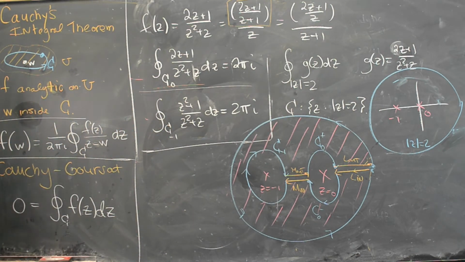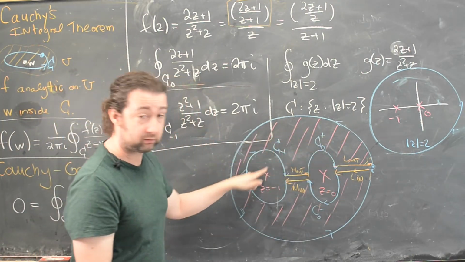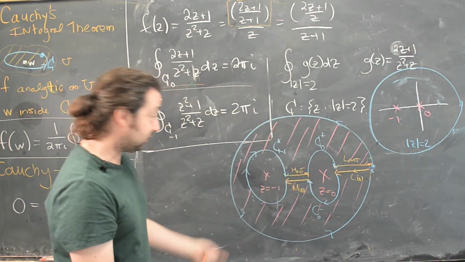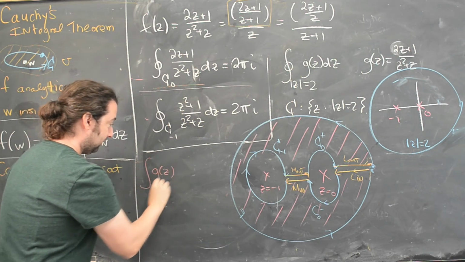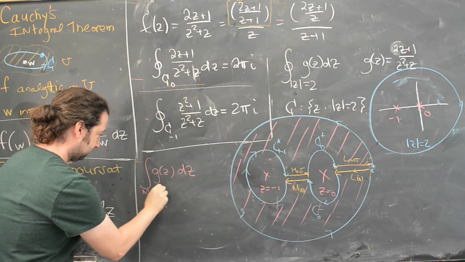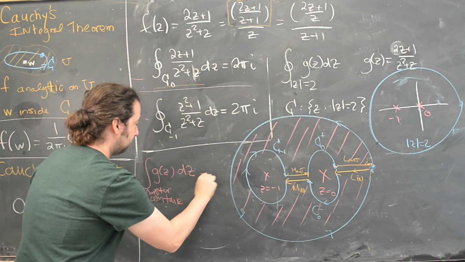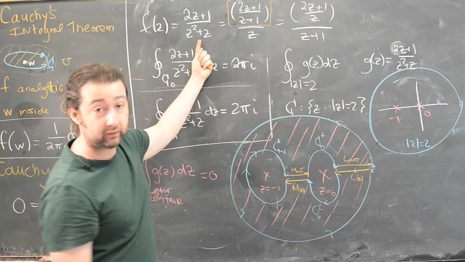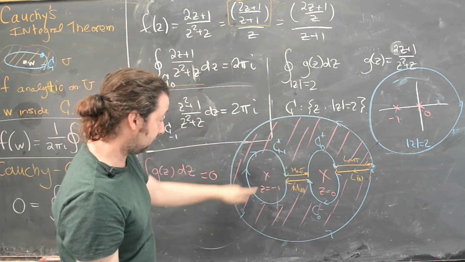The Cauchy-Goursat theorem is going to say that the integral of g of z over the curve surrounding the red region is 0. The integral of g of z dz over the monster contour is equal to 0, because this function is analytic as long as I stay away from its asymptotes.